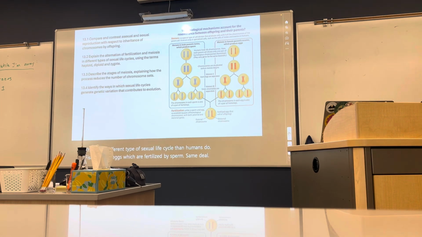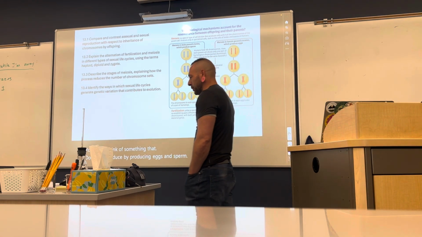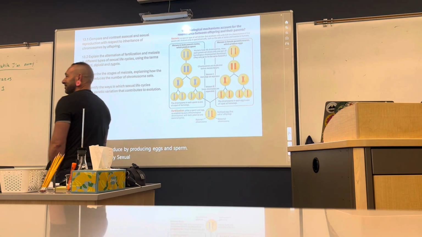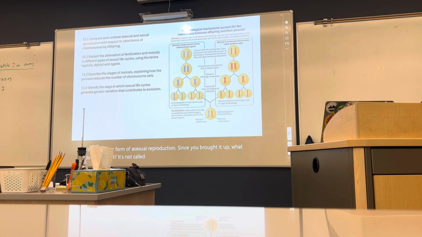Think of something that doesn't reproduce by producing eggs and sperm. Bacteria do not reproduce by sexual reproduction at all. I said sexual reproduction. That's another form of asexual reproduction. Since you brought it up, what do we call that? It's not called mitosis. It's called binary fission.